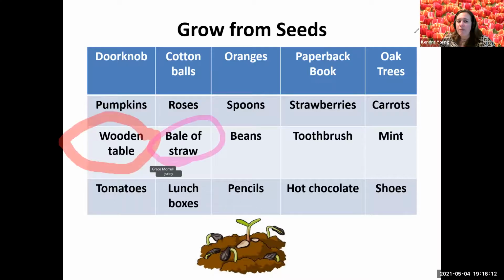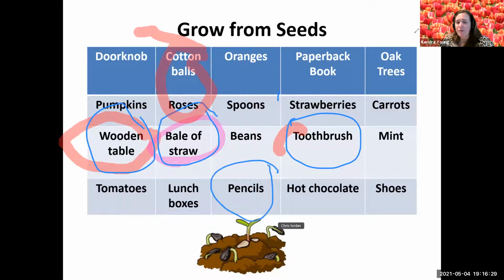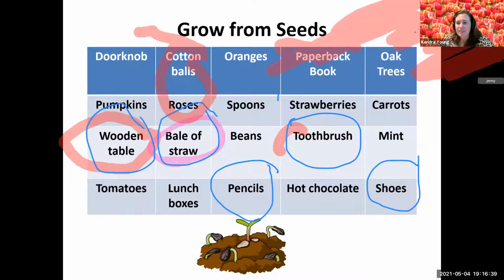So something that we, okay, a bale of straw, okay, wooden table, cotton balls come from the cotton, pencils came from trees, shoes, the rubber on the shoes comes from a rubber tree, and paperback books came from trees.